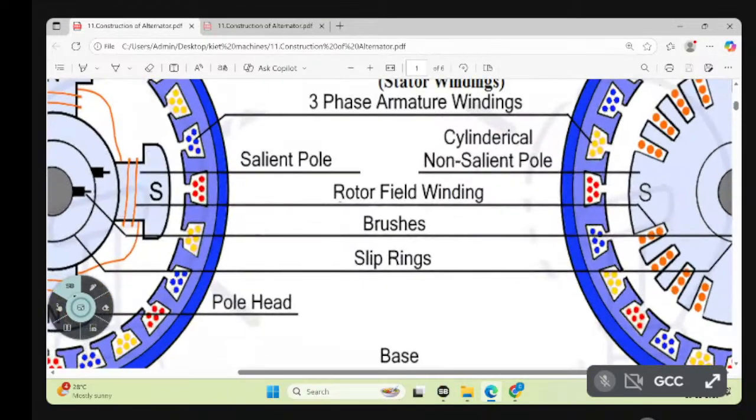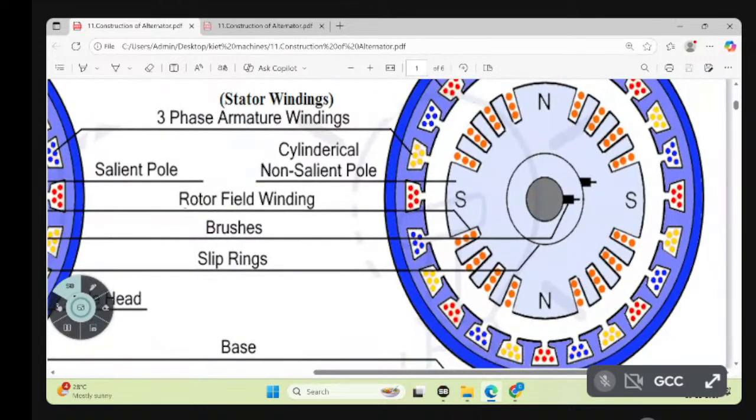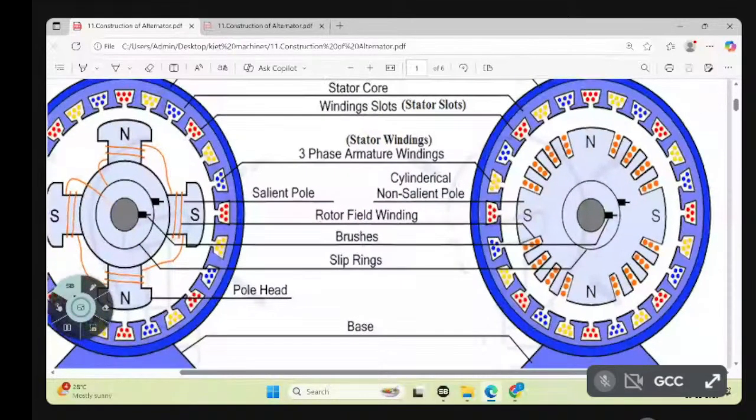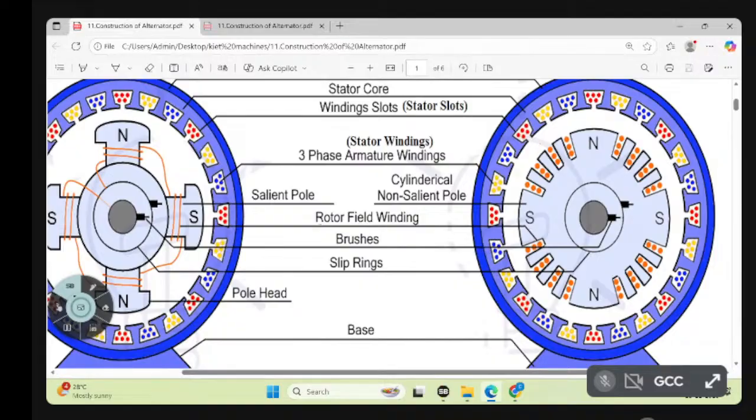If you observe, the only difference is the rotor, how it is. See, north pole, south pole, north pole, south pole.